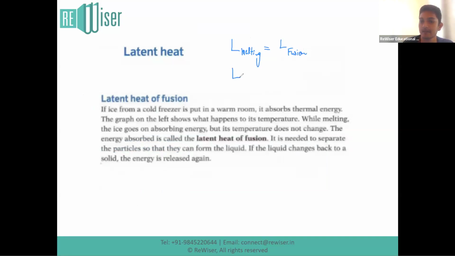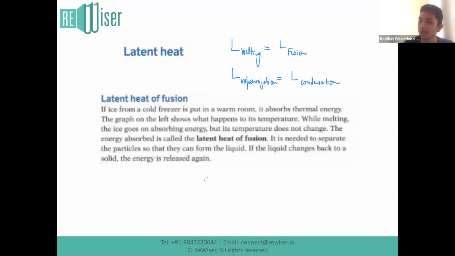The energy required by unit mass for a change of state from liquid to gas is latent heat of vaporization, which is same as latent heat of condensation, which is the opposite or the inverse.